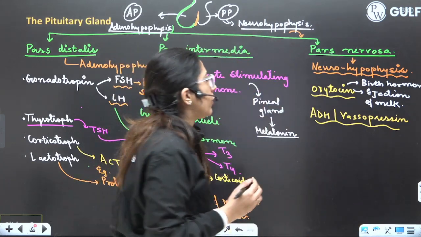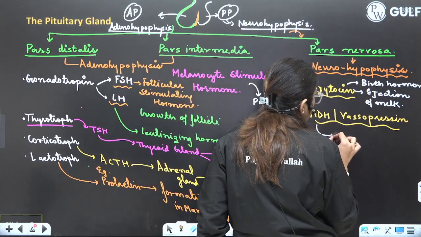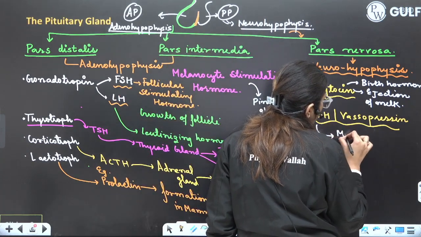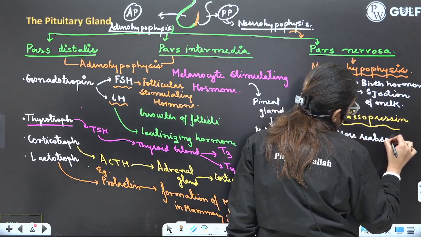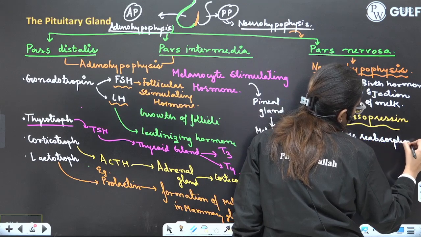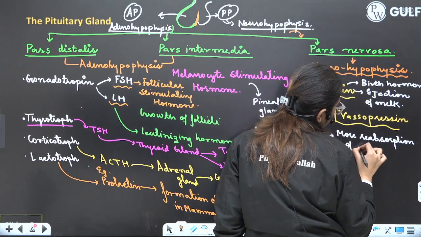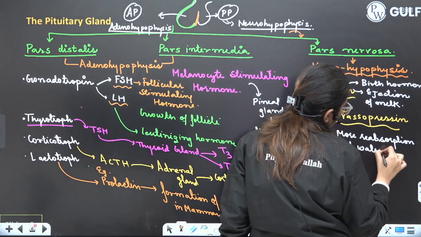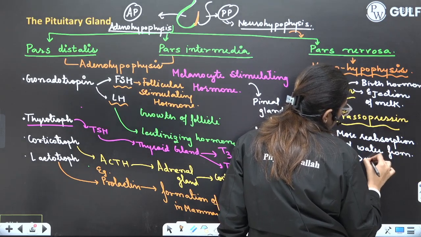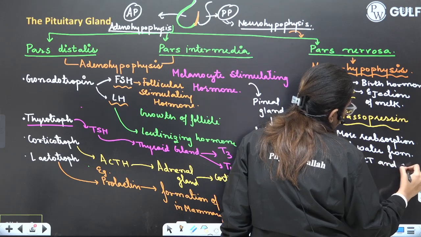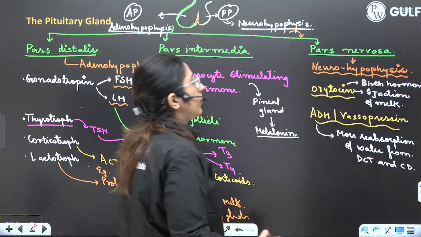ADH, antidiuretic hormone, is responsible for more reabsorption of water from the DCT and collecting duct. ADH is also called vasopressin.